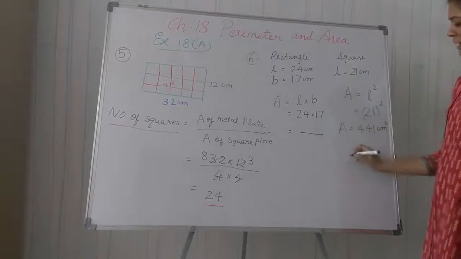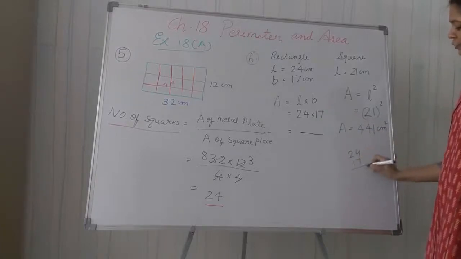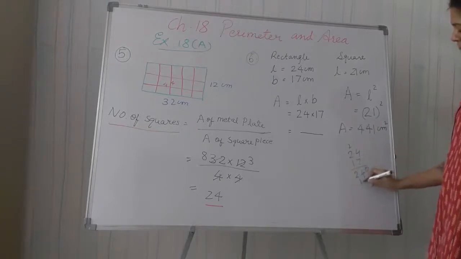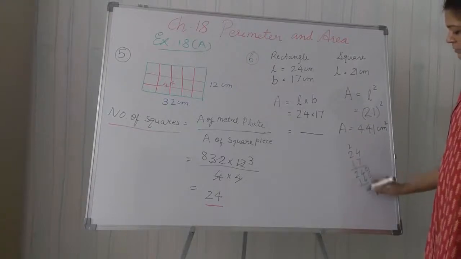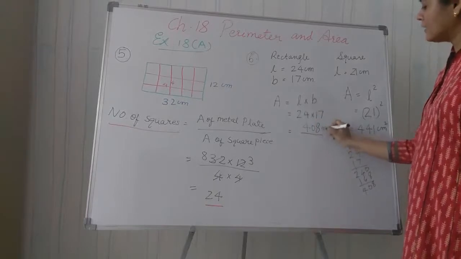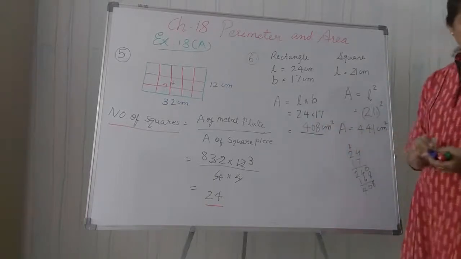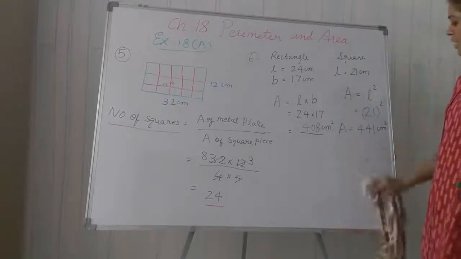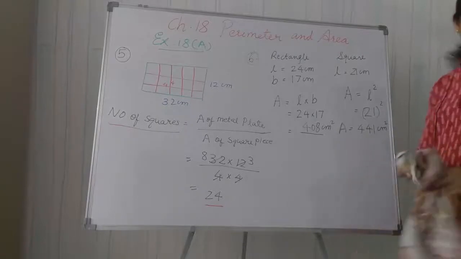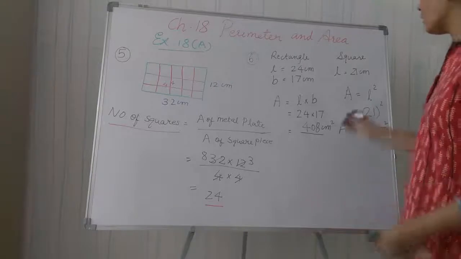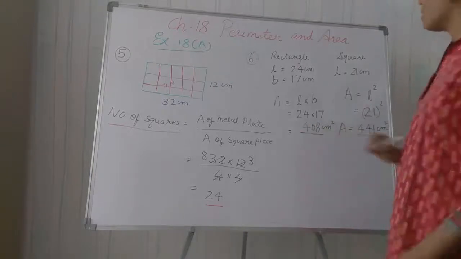Let me multiply 24 and 17 here for you, so you can write 408. It is 408 centimeter square. This is the answer of the area of rectangle we found here. So now students, we have to decide which area is bigger, either the area of rectangle or the area of square.